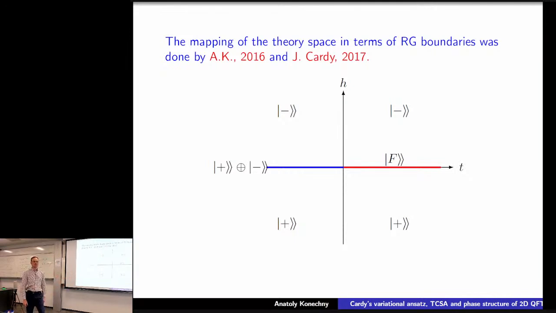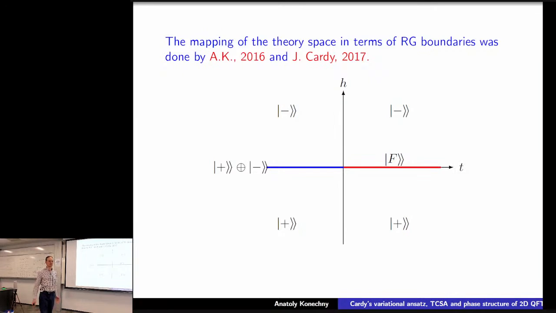But in the field theory, what is the boundary condition? The general question is, what is the superposition of? What is even the plus boundary condition? How do you define it? Plus is a fixed spin boundary condition. So in free fermions you have psi equals plus or minus psi bar on the half plane, for example, in the Ising model.